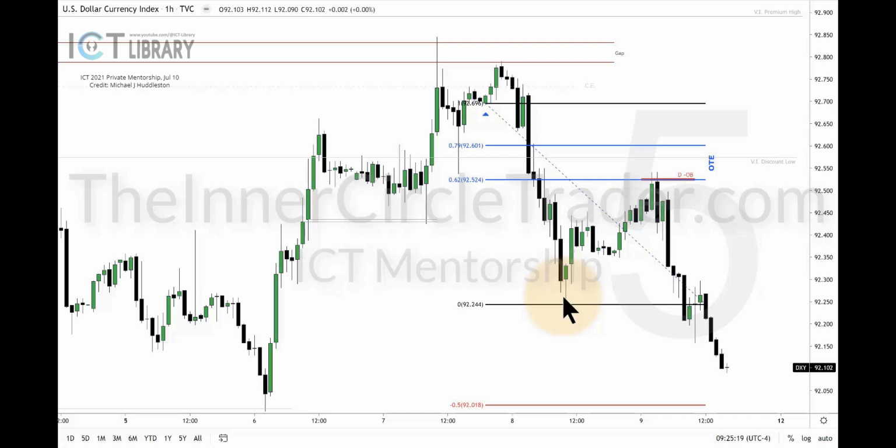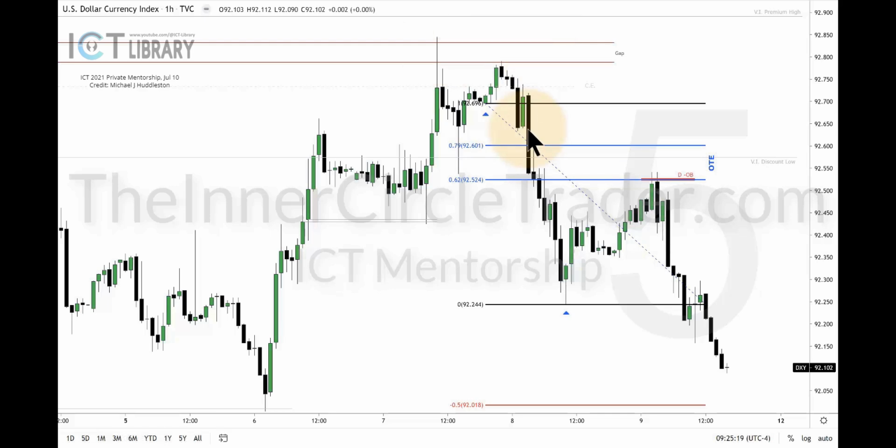The logic is understanding that we had a breaker over here that completed at a premium array. We gave it the possibility, or anticipated it rather, continuing on Thursday, and then maybe Thursday creating the high of the week as it trades up into the remaining portion of that volume imbalance premium high. But it didn't do that, and we'll come back to that in a moment.